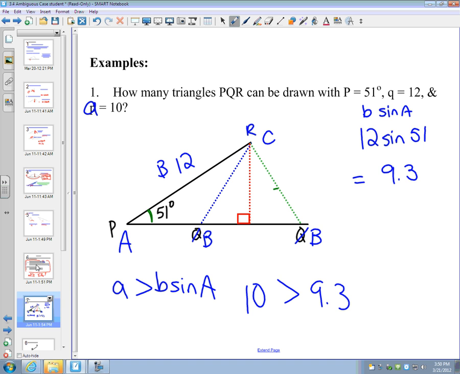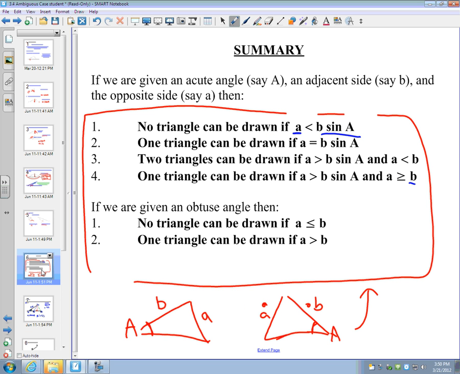So let's look back here. Are we dealing with an acute? 51 is acute. So we have acute, and we have A is greater than B sine A. So we have this case: one triangle if A is greater than B sine A. But we can be either this case or this case, so we have to look at side lengths A and B and how they relate to one another.